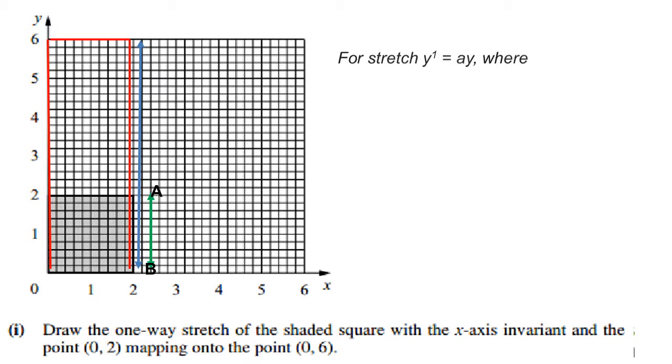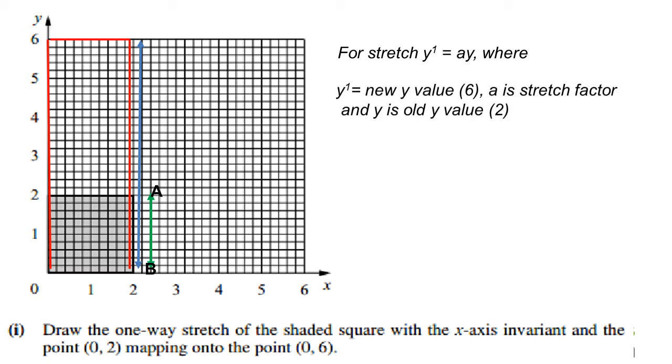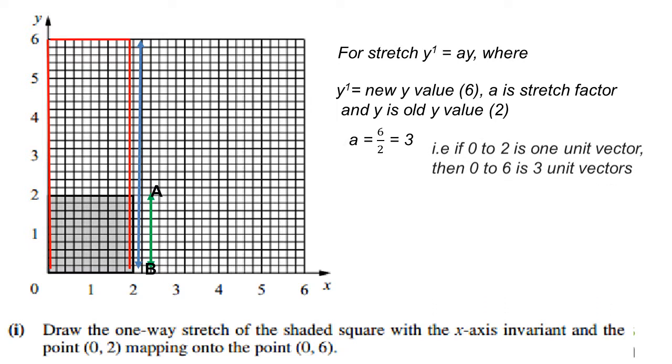So our stretch factor becomes the new value of y divided by the old value of y, in this case 6 divided by 2, which gives a stretch factor of 3.